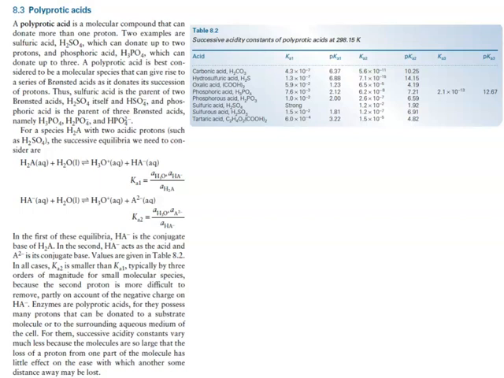For species H2A with 2 acidic protons, such as H2SO4, the successive equilibria we need to consider are as follows.